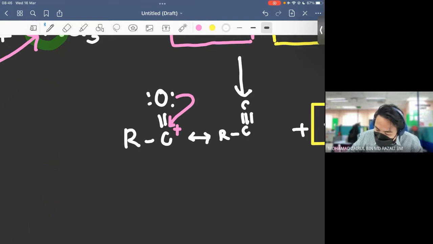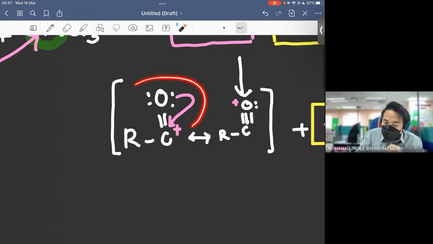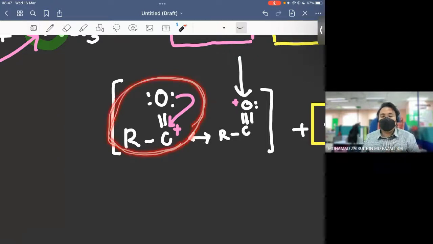Triple bond. So sekarang ni oksigen pula positif. Okay, so sekarang ini kita dah hasilkan dua electrophile. Ini dengan ini. Dua-dua pun boleh bertindak balas dengan benzin. Tapi selalunya nak senang guna yang ini je. Okay.